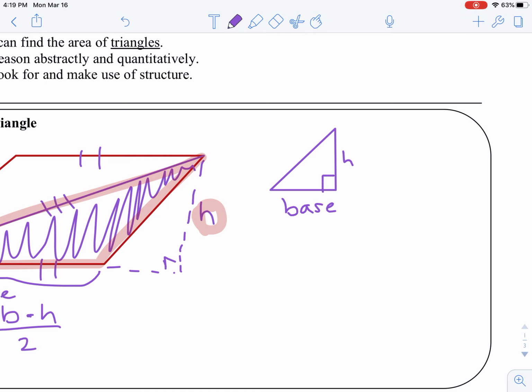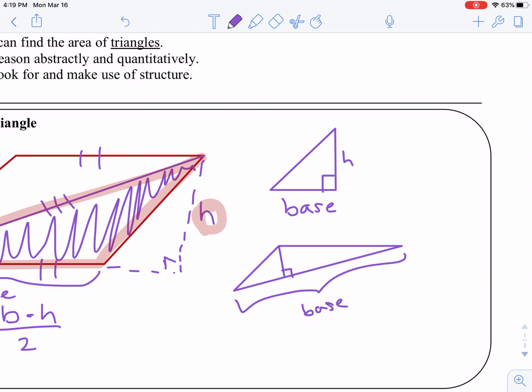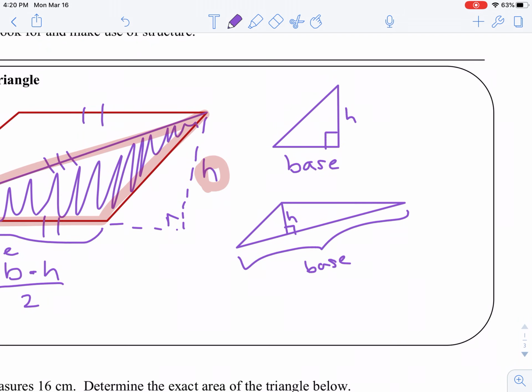However, in reality, most of our triangles are not always going to be right triangles like that. So we could think about taking a triangle, dropping the altitude so that it is perpendicular. Our base is this entire base of the triangle, whereas the height is the perpendicular height, right, that altitude.